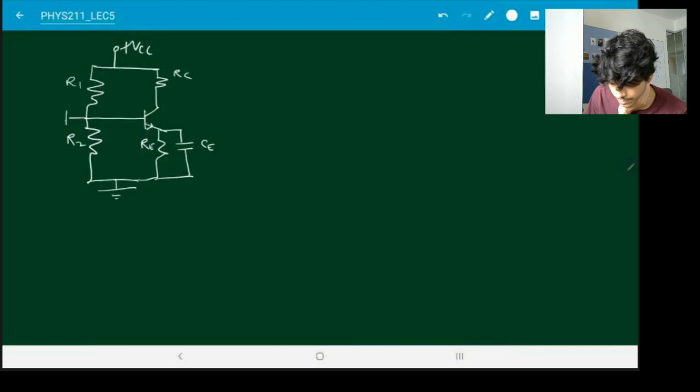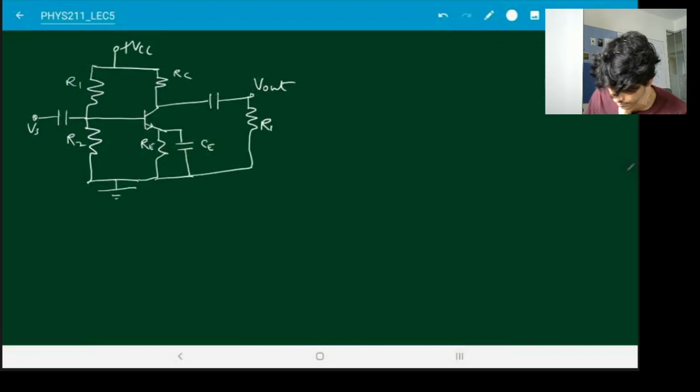We'll put one capacitor at the input. We'll put one capacitor at the output. And we'll put one load resistance. So this is our transistorized CE amplifier.